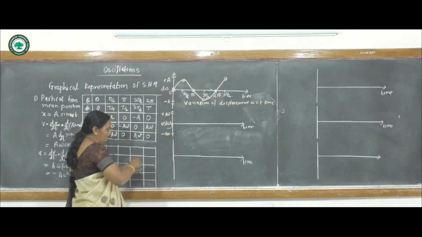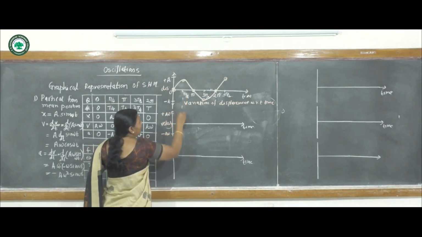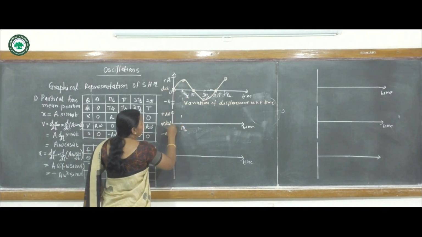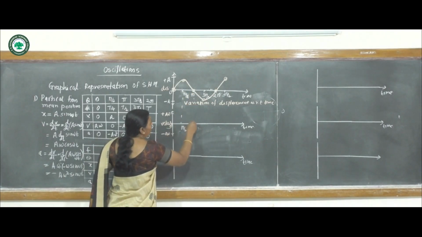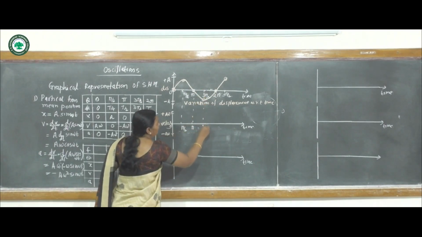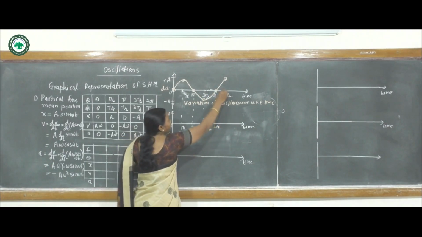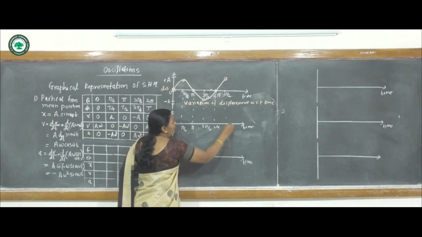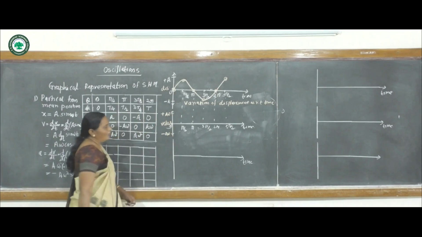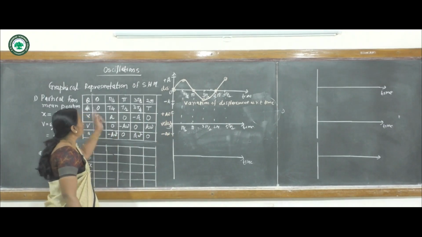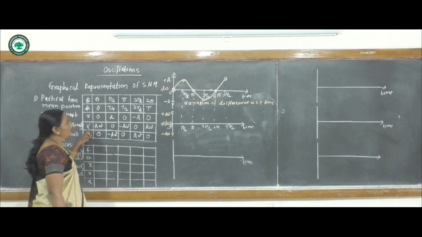Then again we take these values of angle: pi by 2, here 0, then pi, then 3 pi by 2, then 2 pi, then 5 pi by 2. Now see how we can show the graphical representation with velocity.